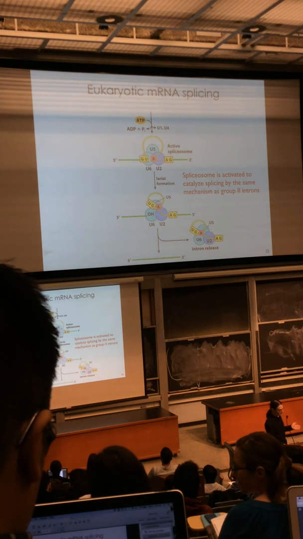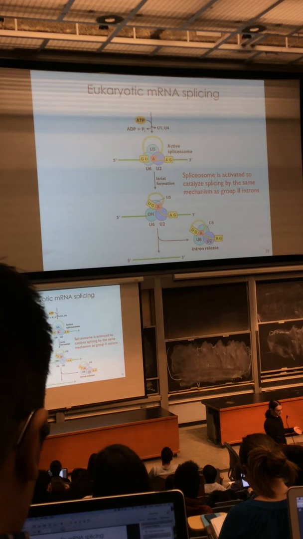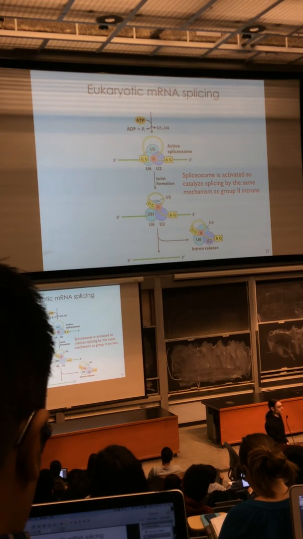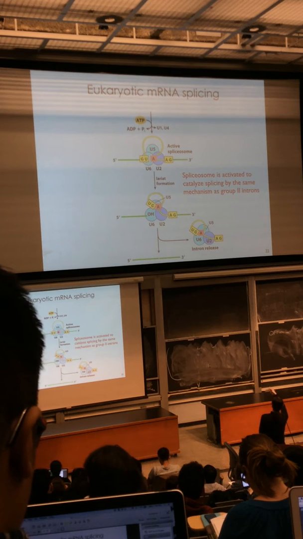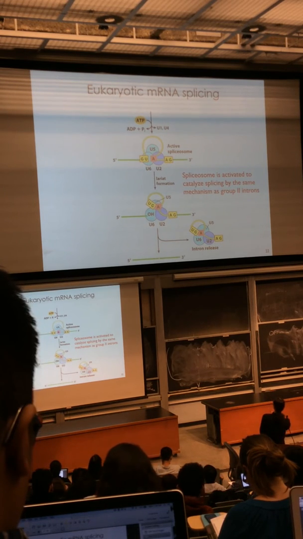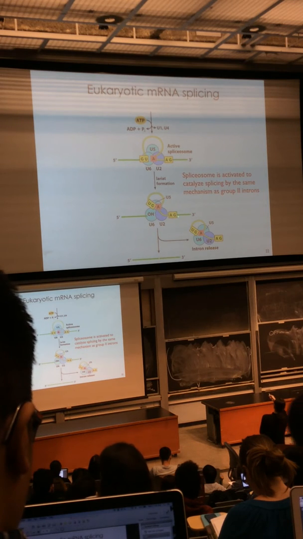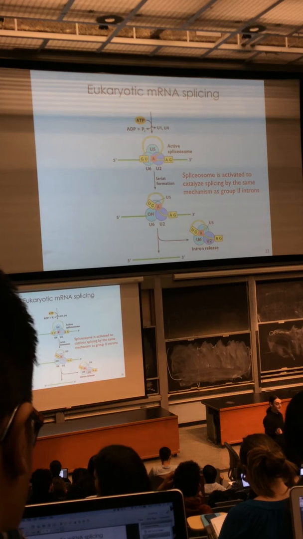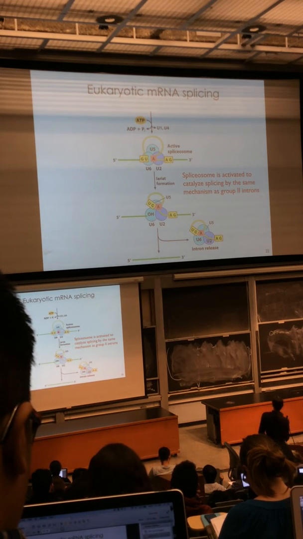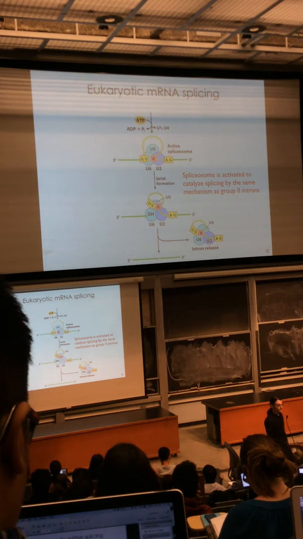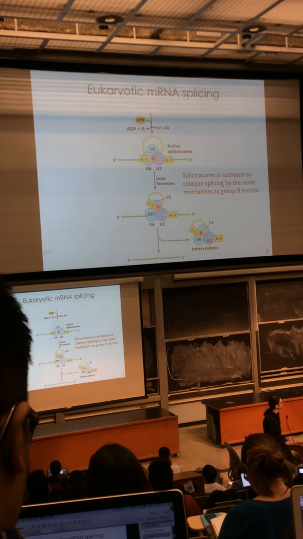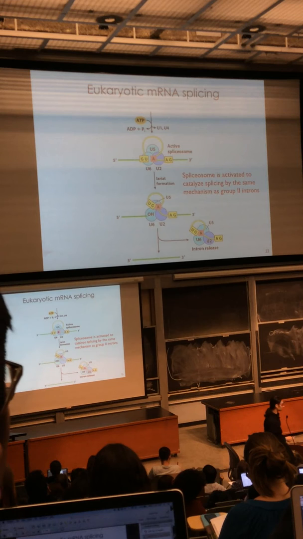So the cell puts some energy into the process at the beginning, and then the rest of it proceeds in a sort of downhill, directional fashion, where this active spliceosome catalyzes, first of all, the branch point attack, and secondly, the attack of this upstream OH onto the downstream backbone, and the intron is released in complex with some of these spliceosomal RNAs as a lariat.